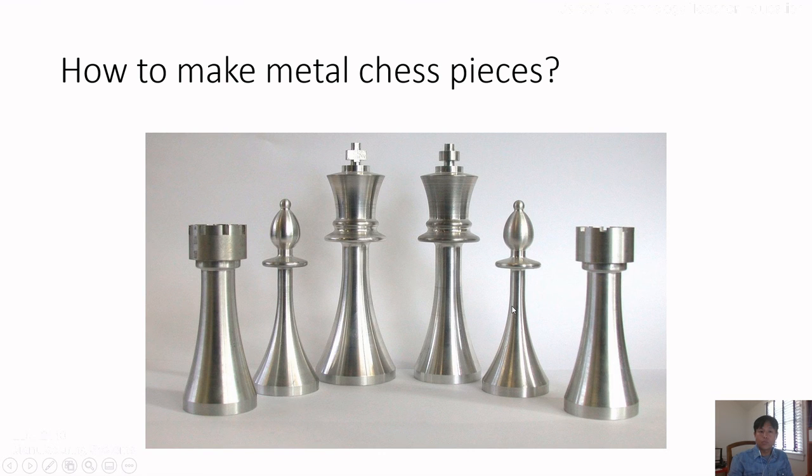I'm going to start with this question. Have you thought about how to make metal chess pieces? How do people make these metal pieces? These are a little bit different. In casting, molding, and forming processes, they make a mold and press it, or solidify the resources.